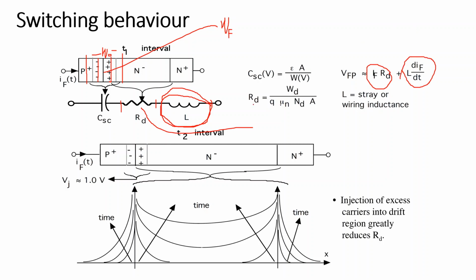Now the voltage across the capacitance is very small as compared to the voltages here, so we are neglecting the voltage in the capacitor. So VFP can be written as IF RD plus L dIF by dt.